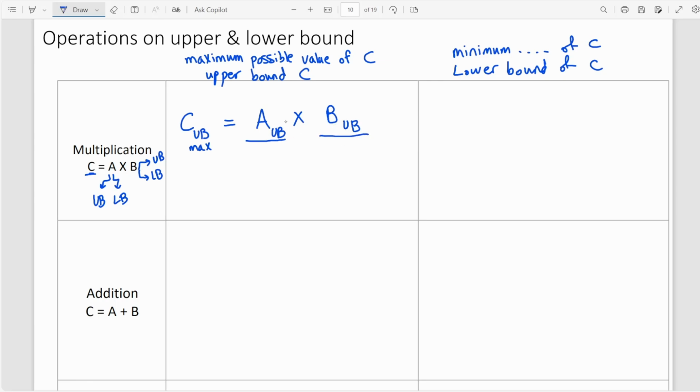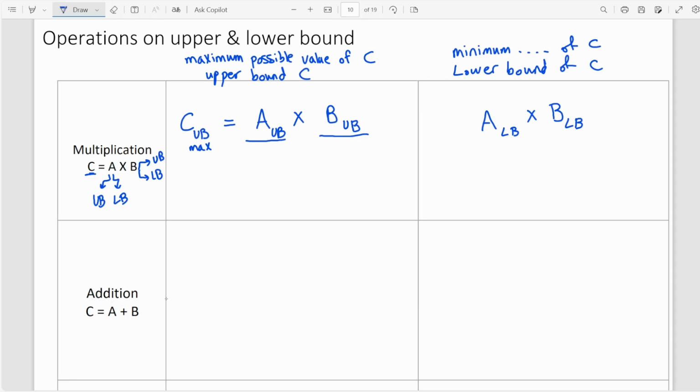So if you take the highest possible for both and multiply them, you would get the highest possible of C, basically, the result, okay? Now, let's say I wanted to get the minimum possible value of C, then you would take the lower bound for A and multiply that by the lower bound for B, okay? I hope this makes sense.